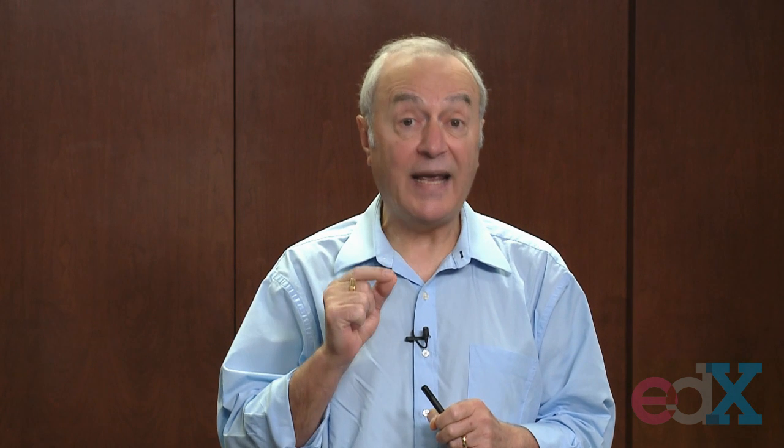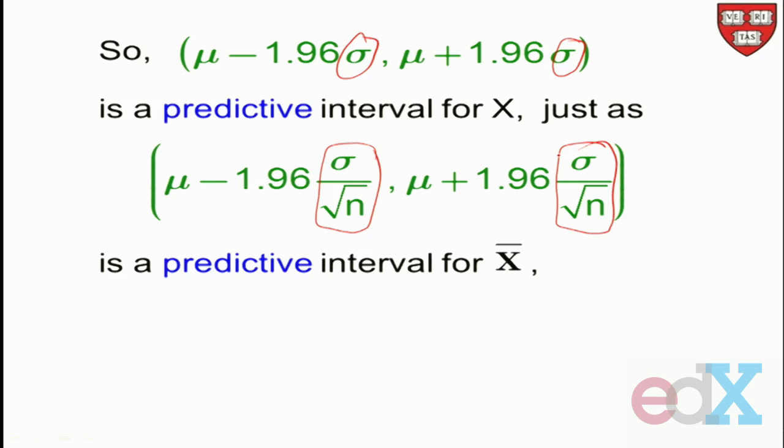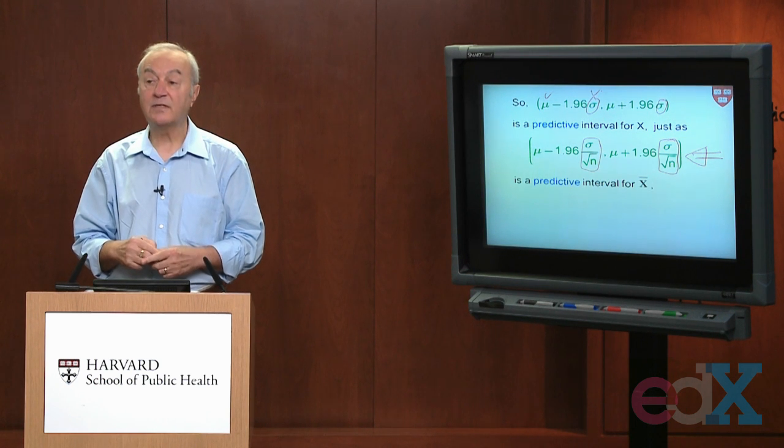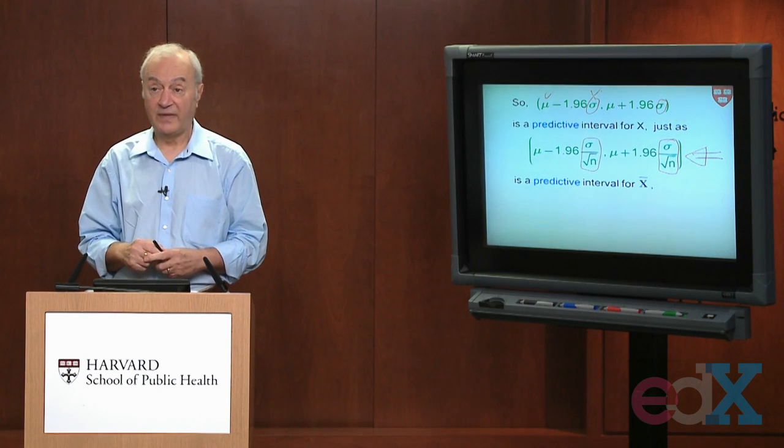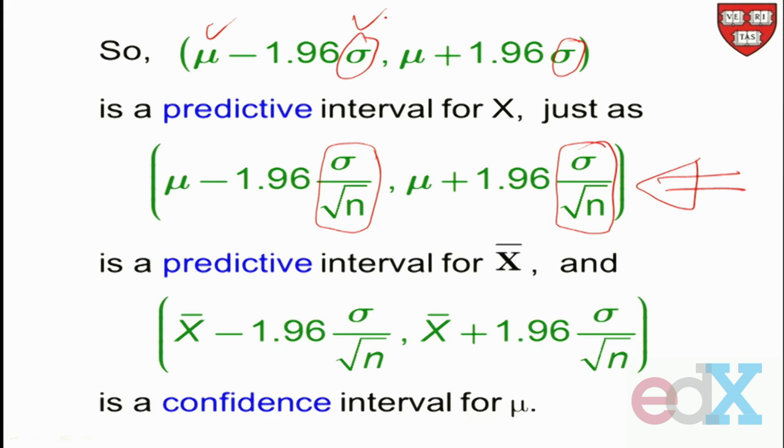So a predictive interval for the sample mean, when we take a mean of a sample of size n, is this interval here. So 95% of the time that we take a sample from this population that has a mean mu and a standard deviation sigma, the central limit theorem tells us that this is where your x bar is going to end up. This is in contrast to what we've just seen, which is the 95% confidence interval.